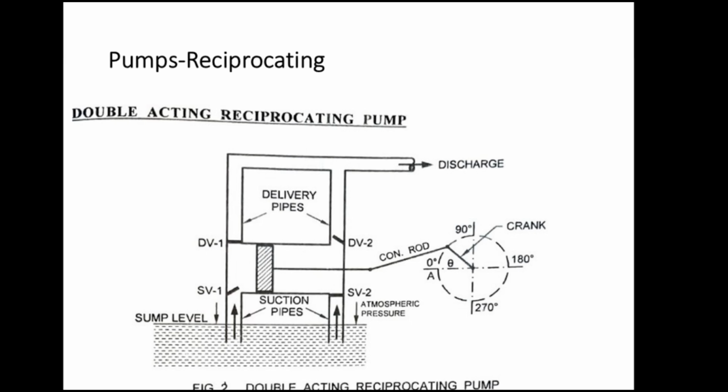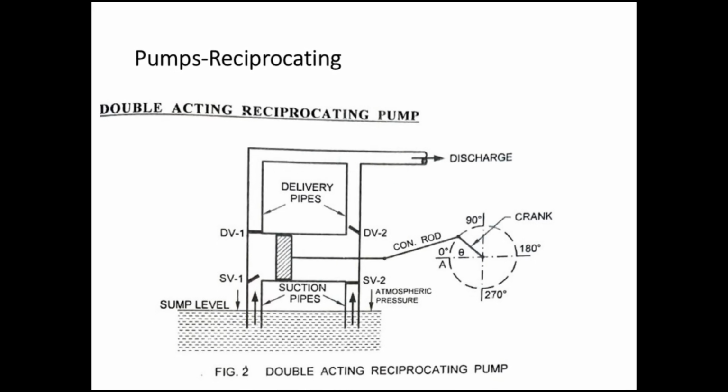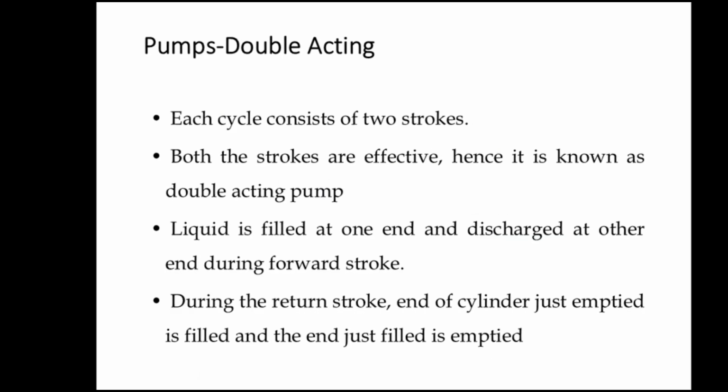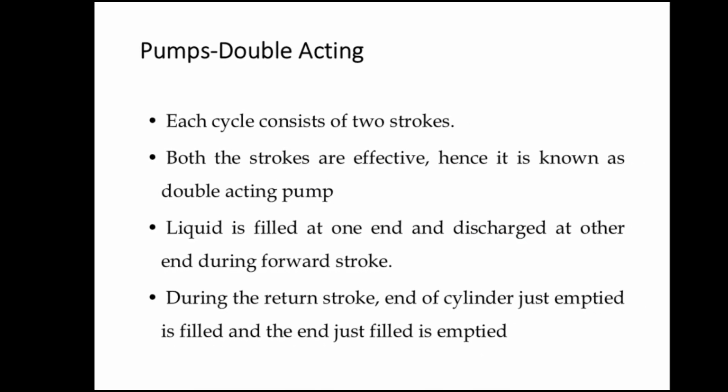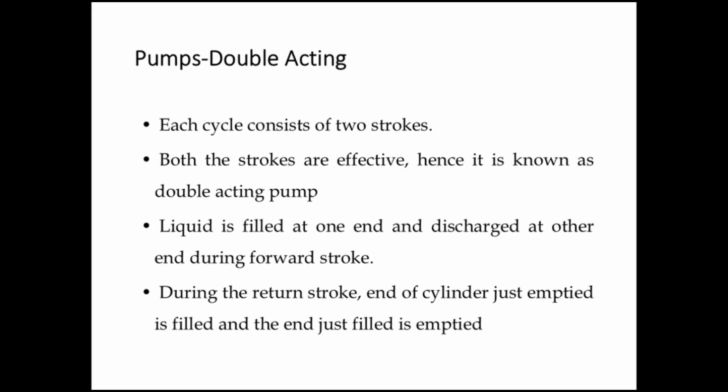This page shows the diagram of the double acting reciprocating pump. Double acting pump. Each cycle consists of two strokes. Both these strokes are effective, hence it is known as a double acting pump. Liquid is filled at one end and discharged at the other end during the forward stroke.